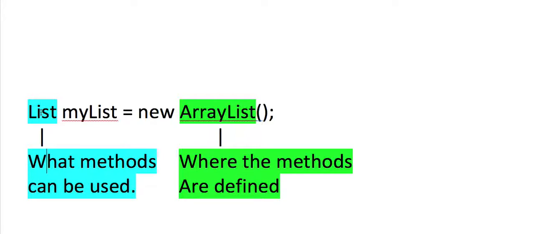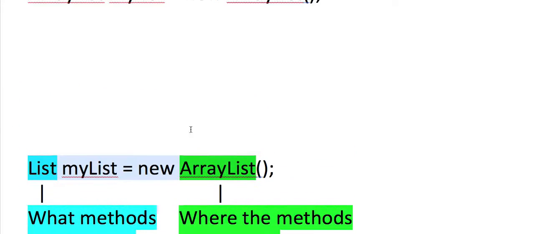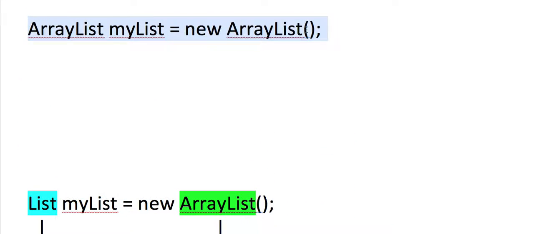We can only use the methods that are in the list interface. What does this class here specify? It specifies where those methods are defined. So effectively, what does that mean for us? It means nothing, all right? So this is equivalent to this, because every method that is implemented in ArrayList is found in the list interface.